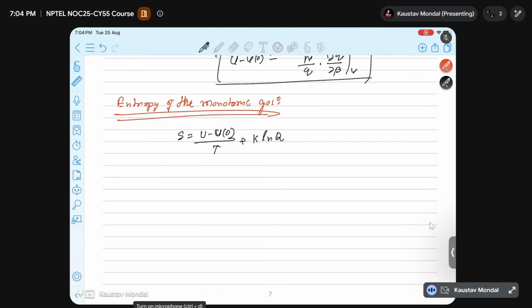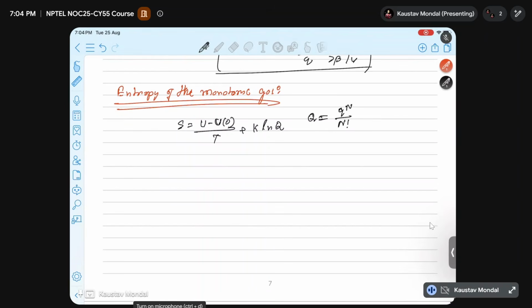Now we know Q is the partition function; since we are considering a monoatomic gas with ideal particles and indistinguishability, Q would be q to the power n by n factorial.